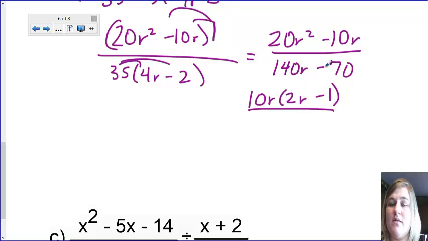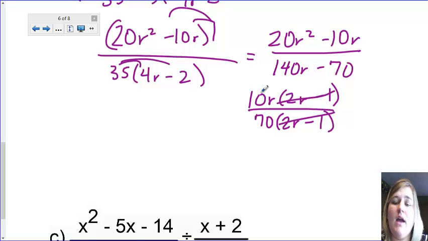Over, on the bottom, I can take 70 out of both. If I do that, I'm left with 140 divided by 70 is 2. R minus 70 divided by 70 is 1. Again, these quantities will cancel. I can also cancel a 0, which means that my final answer is 1r, or just r, over 7. Final answer.